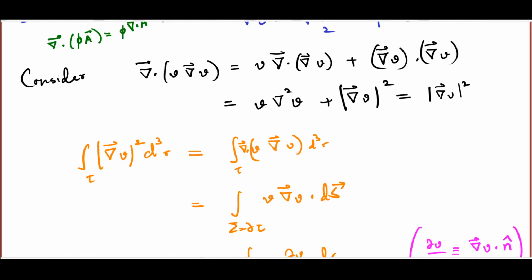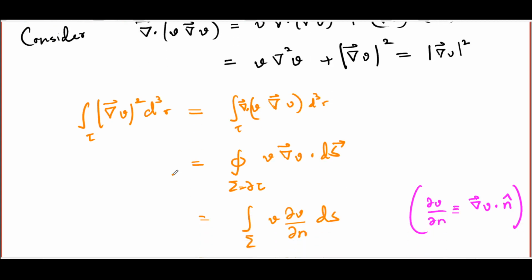In fact, a closed integral, because the surface here, the boundary of tau, is surface sigma, being the boundary of a volume, has to be a closed surface. So you have to do v grad v dot ds integrated over the surface, and that's the same as our integral of grad v mod square.